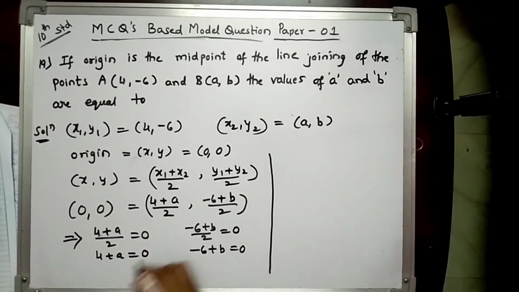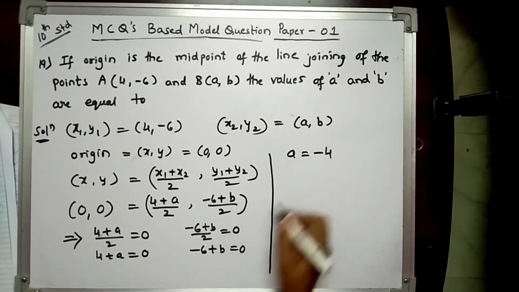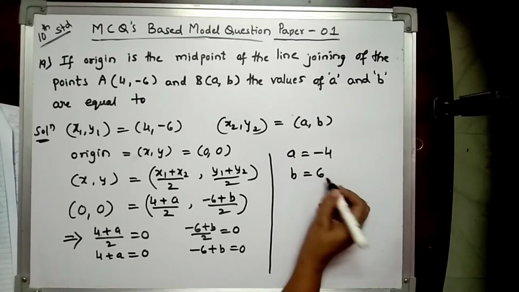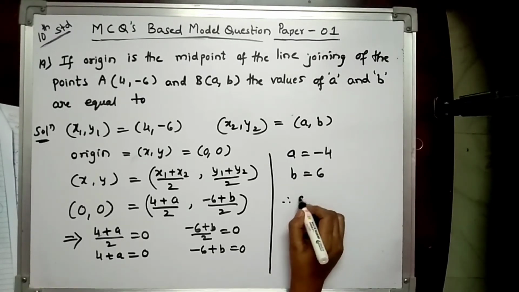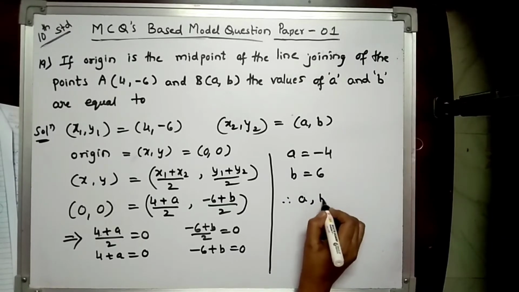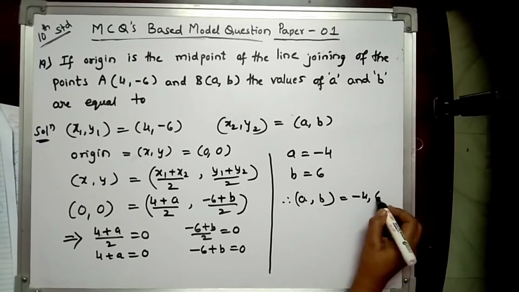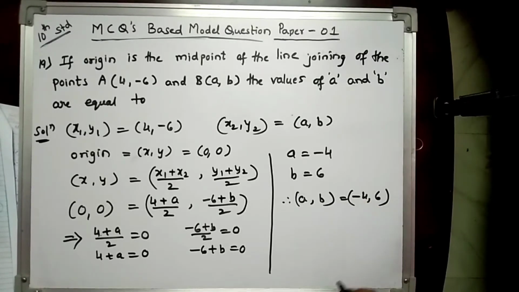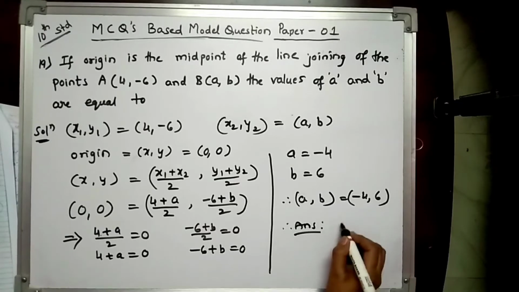So a is equal to minus 4. Then here b is equal to 6. The value of a comma b is minus 4 comma 6. The option C. Therefore the answer is option C.